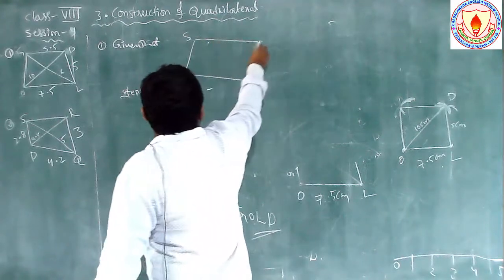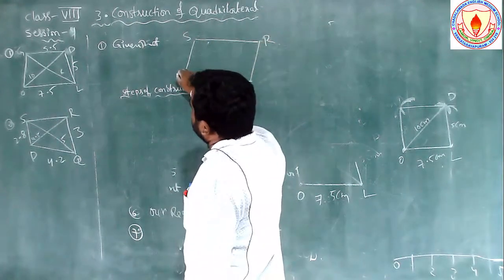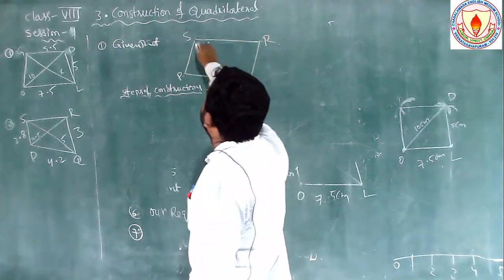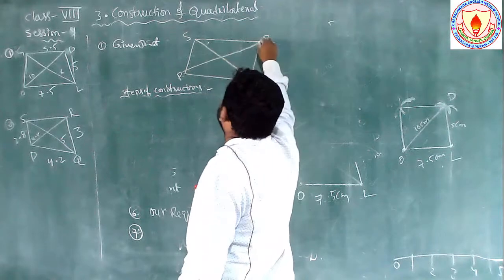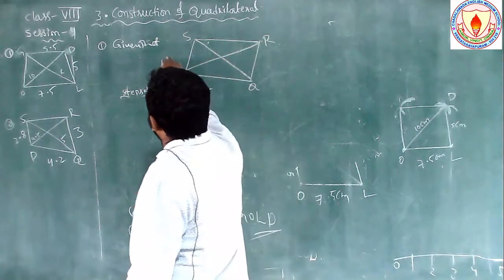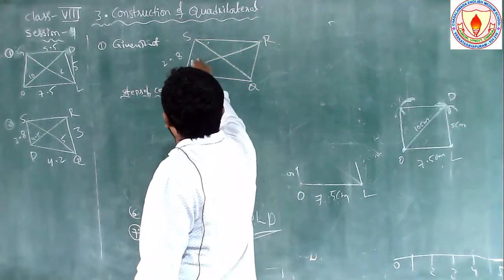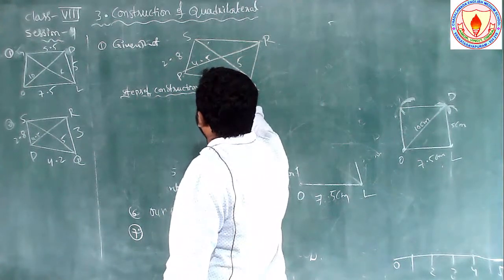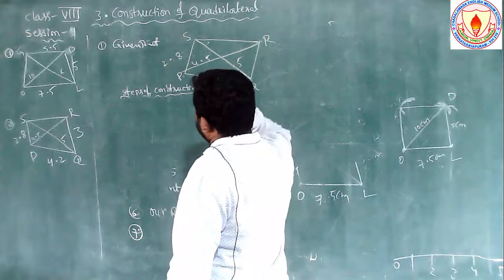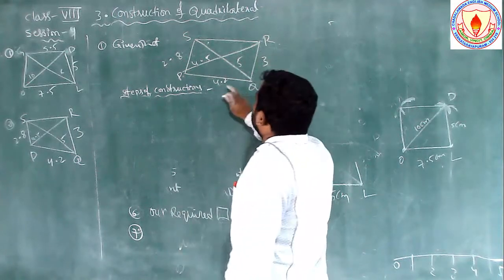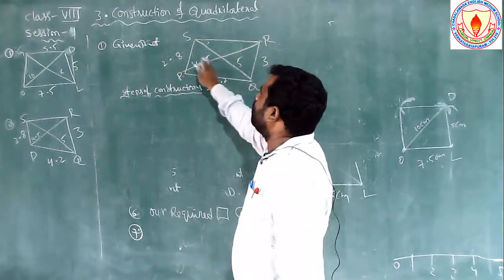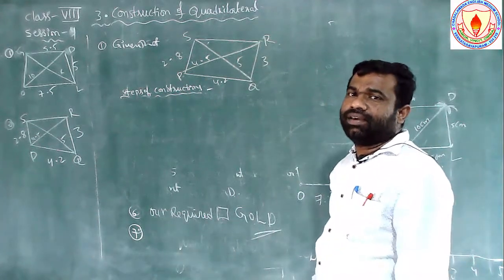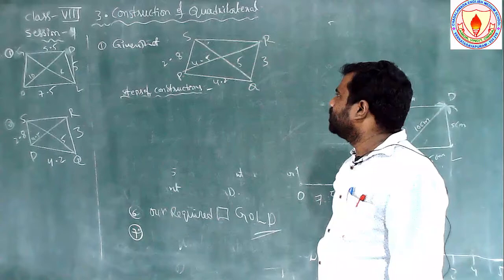PQRS, diagonals are given. 2.8, 4.5, 5, 4.2 and 3. Five measurements are given.